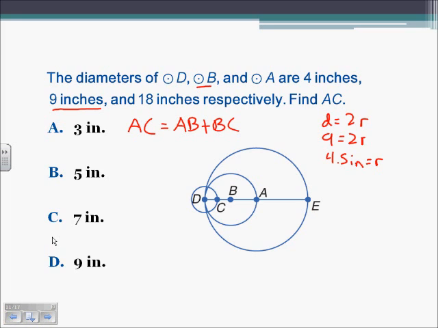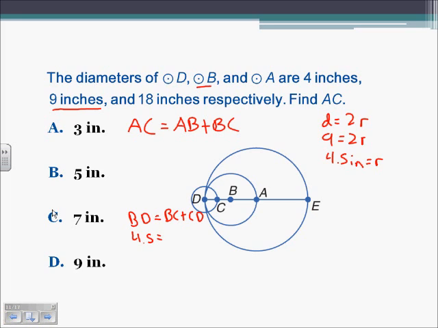Now to find all of AC, we just need to find out what segment BC is going to equal. Again, we know BD is going to equal BC plus CD. We're looking for BC, but we know BD again is a radius of circle B, so that's going to equal 4.5.